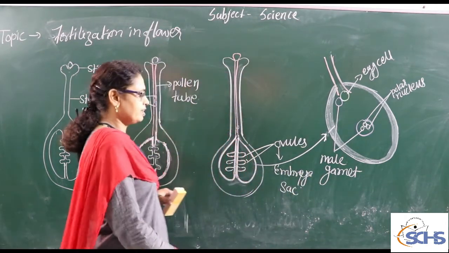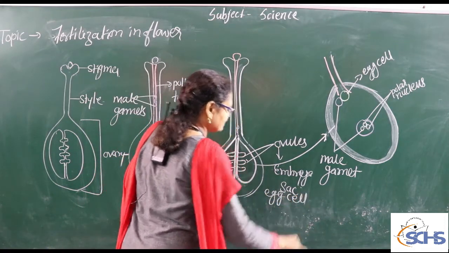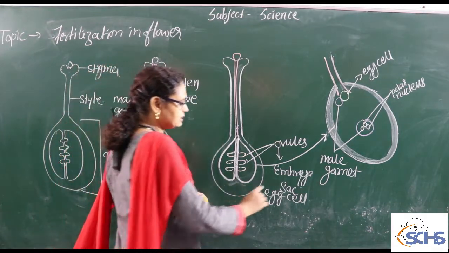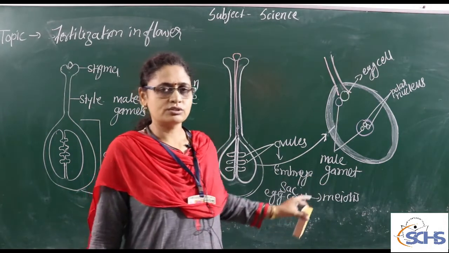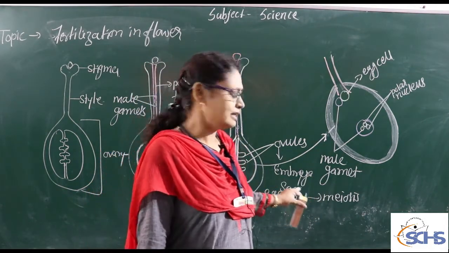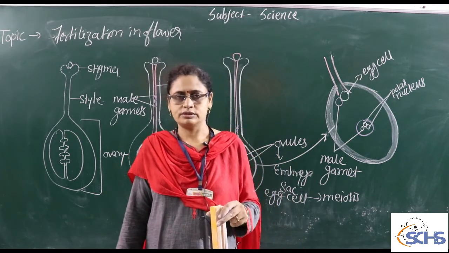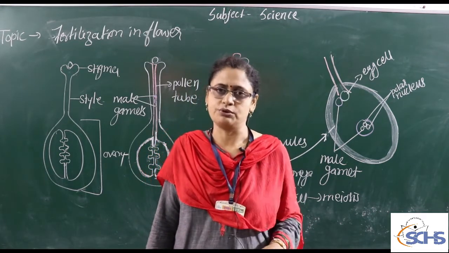And in the embryo sac, what is present? The egg cell. In the egg cell, which division is carried out? Meiosis. By the process of meiosis, in the embryo sac, three cells are formed. One cell is known as the egg cell, and the remaining two cells are known as the polar nuclei.